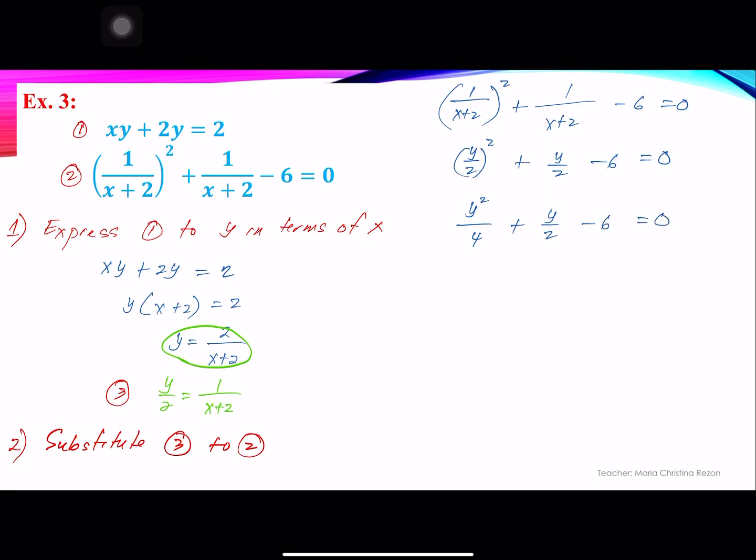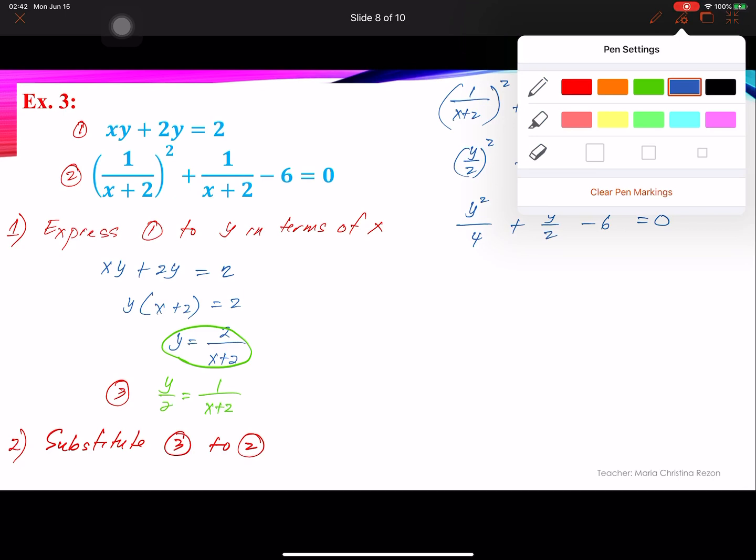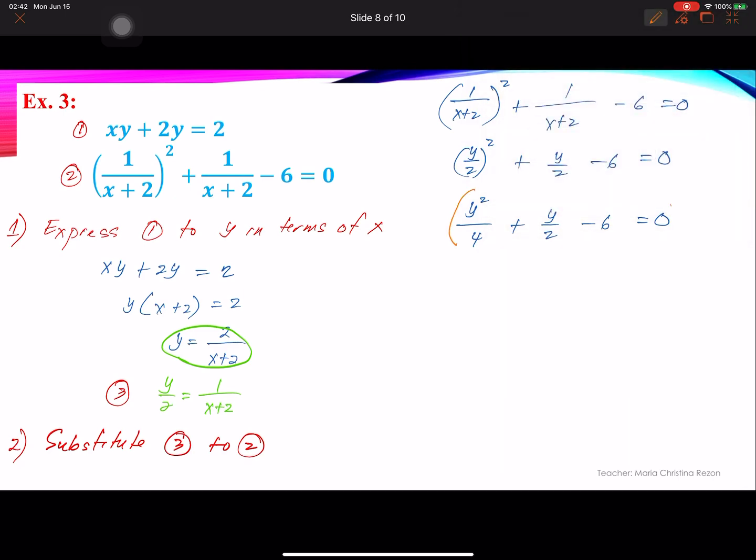And we don't want to deal with fractions here, so get the LCD of y squared over 4 and y over 2 and 6. So the LCD of that is 4. You multiply that to the whole equation. So multiply it by 4, and of course, you will be distributing that.